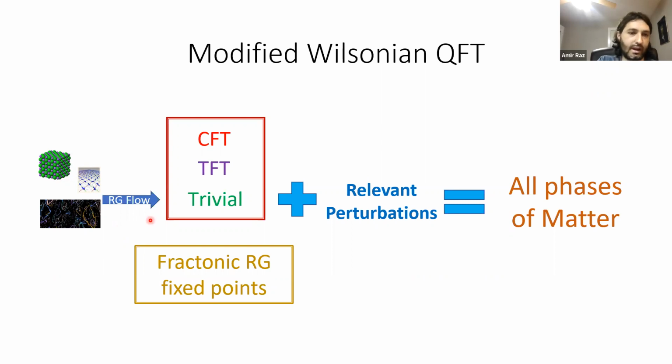So instead of just having our regular options, conformal field theory or topological field theory, we need to add these fractonic RG fixed points, or maybe fractonic conformal field theories that are also RG fixed points, but have a lot of properties of fractons.